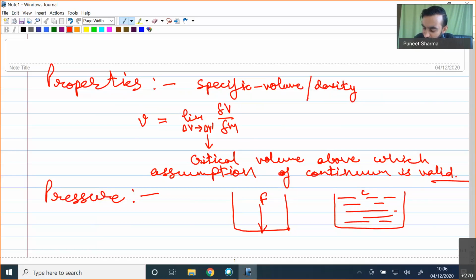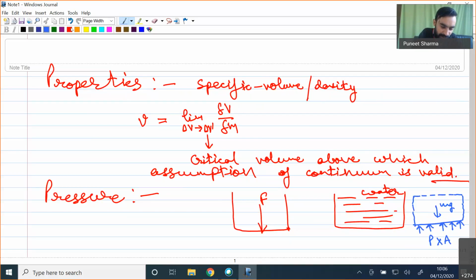What will be happening if we draw the free body diagram of the water volume, we will be finding for that one that the weight of the water, mg, will be supported by some force, and that force will be equal to pressure into area. So that force on the water column is actually provided by the bottom surface of the fluid.